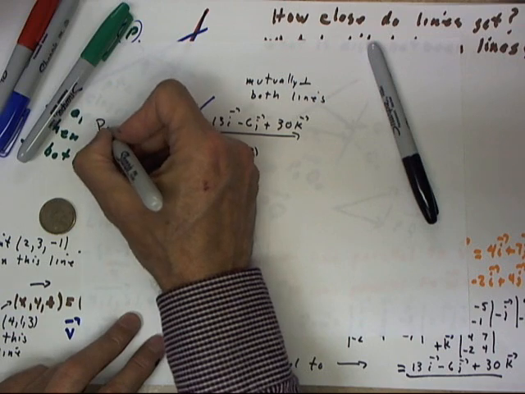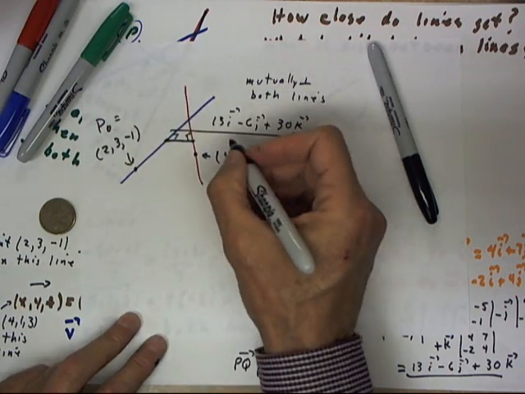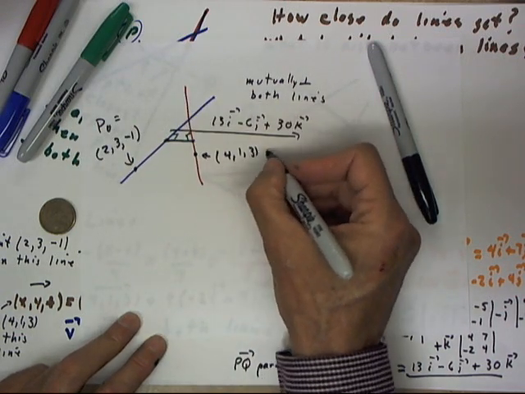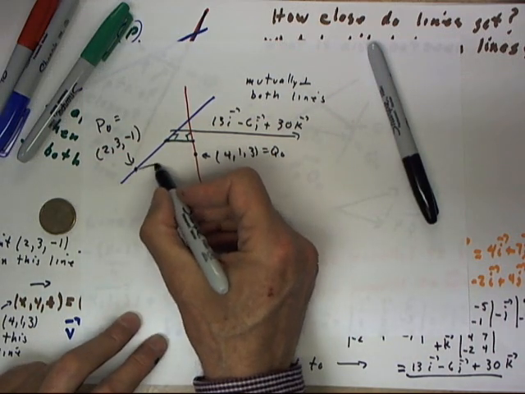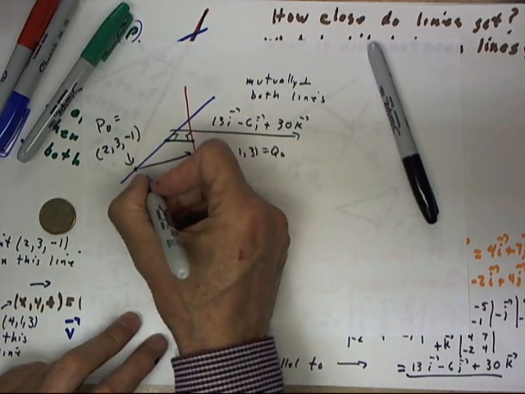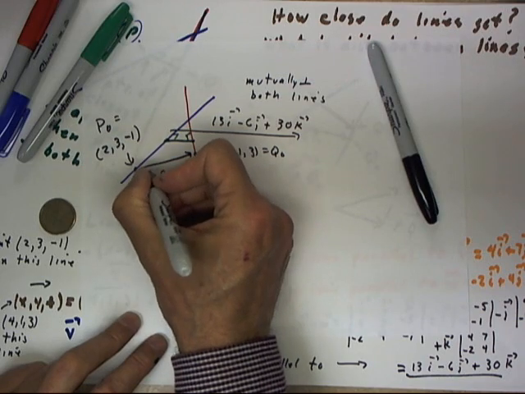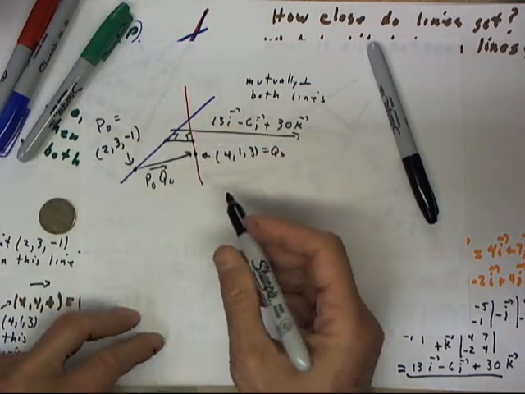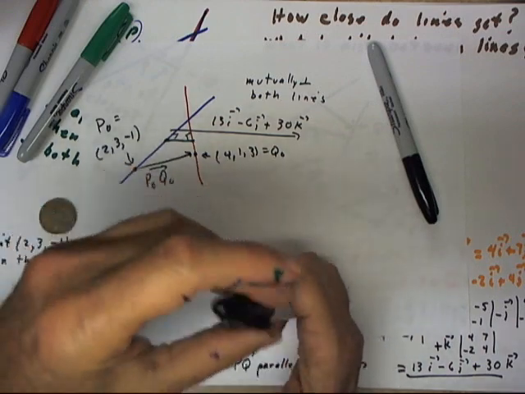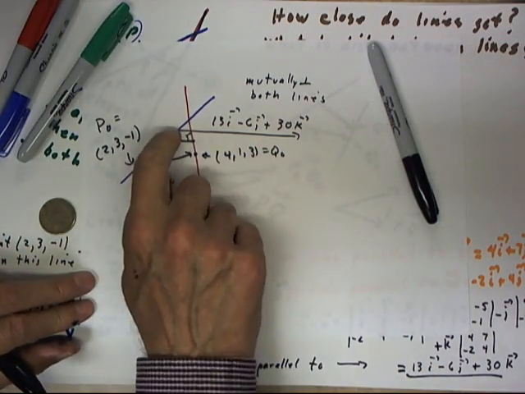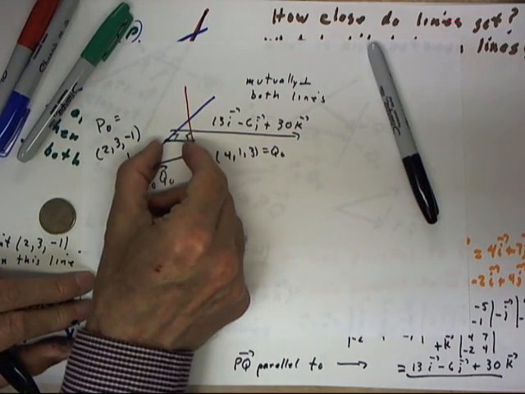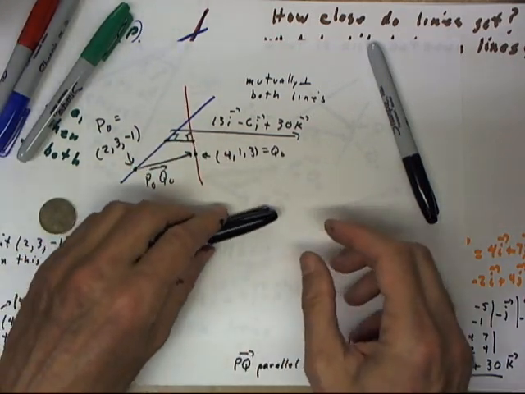And these are going to be our points P0 and Q0, so that our vector P0Q0 runs from this point to this point. If we project this vector onto this vector, we're going to get this distance.